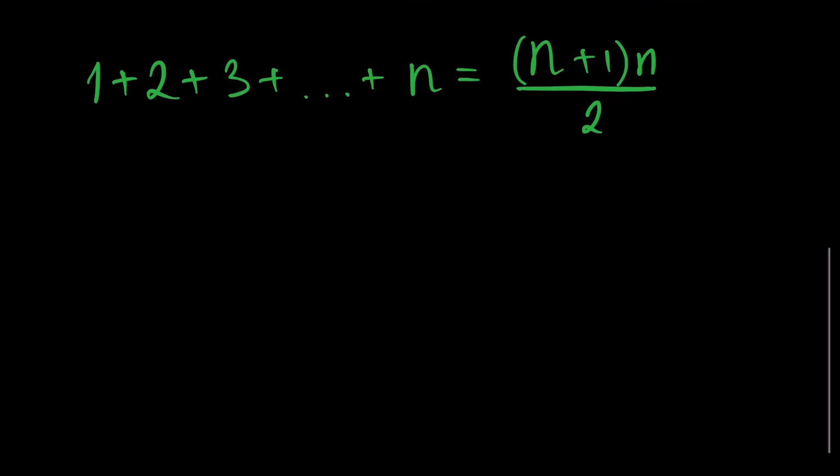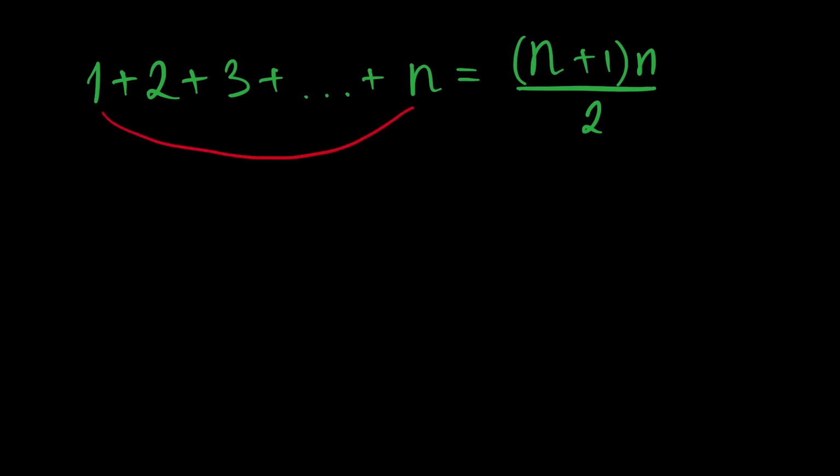And assume we want to prove, is this formula correct for any n? Of course, this formula is correct. And how can we prove this formula? This is a formula which was actually first implemented and used by Gauss when he was very young at school.